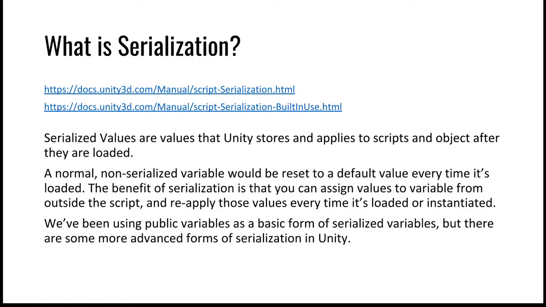Then every time you reload that script, it's going to be set to 2, and you can't really change it anywhere else. What serialization does is you can set that elsewhere, say in the editor, to 3, and so it'll always be 3 despite in the code you setting it to 2 initially.